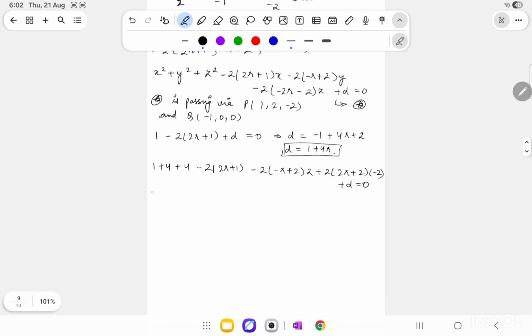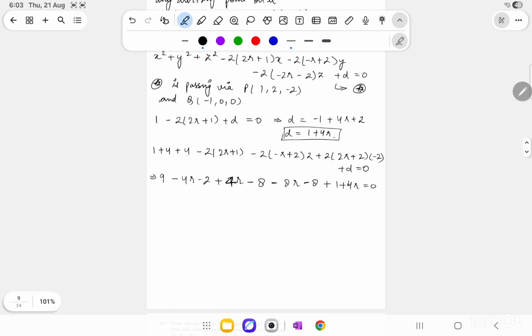If I simplify it, I'll get 9 - 4r - 2 + 2r... minus 8r minus 8 plus d, which is basically 1 + 4r, equals to 0. If I further simplify it, this 4r balances out.